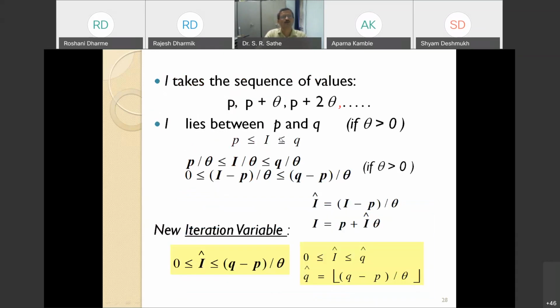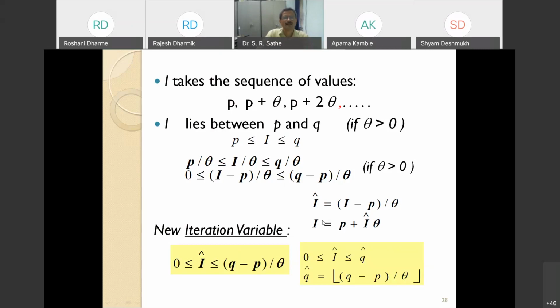I takes the sequence of values p, p plus theta, p plus 2 theta, p plus 3 theta, etc. I lies between p and q if theta is greater than 0. Therefore, p by theta is less than or equal to I by theta, less than or equal to q by theta. Subtracting p by theta from each of these quantities, 0 is less than or equal to (I minus p) by theta, less than or equal to (q minus p) by theta, with theta greater than 0.